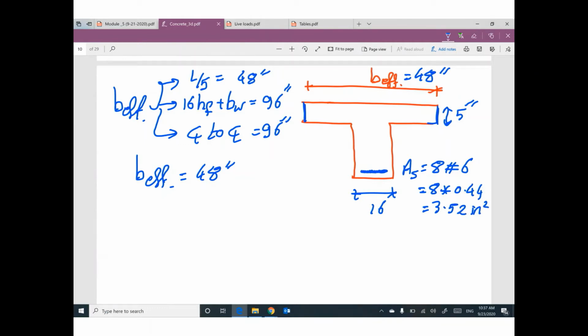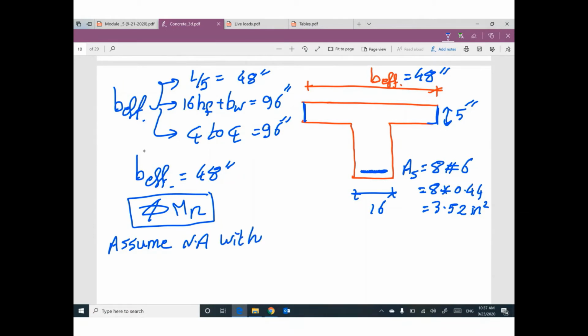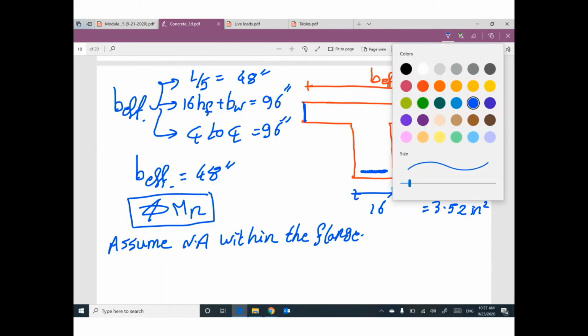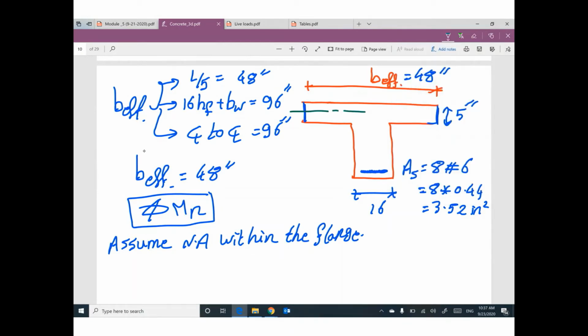We are in another problem. We are looking for the design moment for this cross section. So I'm going to assume the neutral axis is within the flange. I hope it's correct, because it will make it simpler.